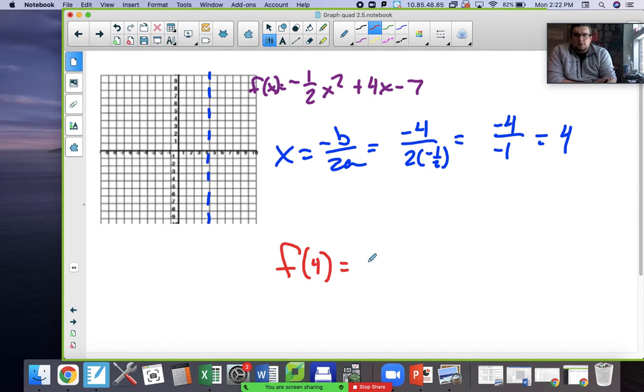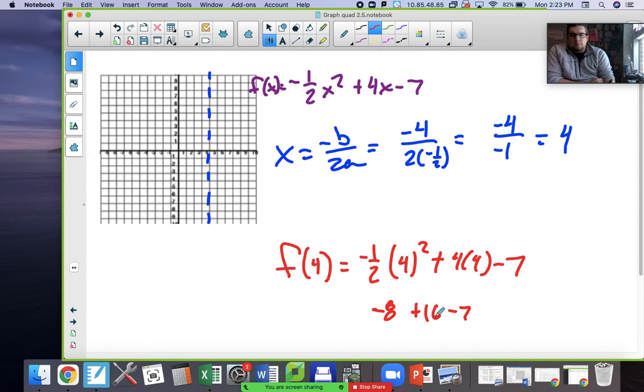Plug in 4 into my function. Four squared, 16. 16 divided by negative 2 gives us negative 8. Plus 16 minus 7. If I do my math correctly, I believe that's 1.